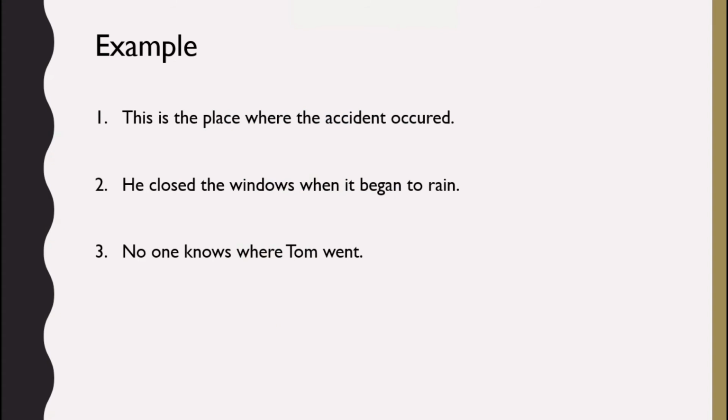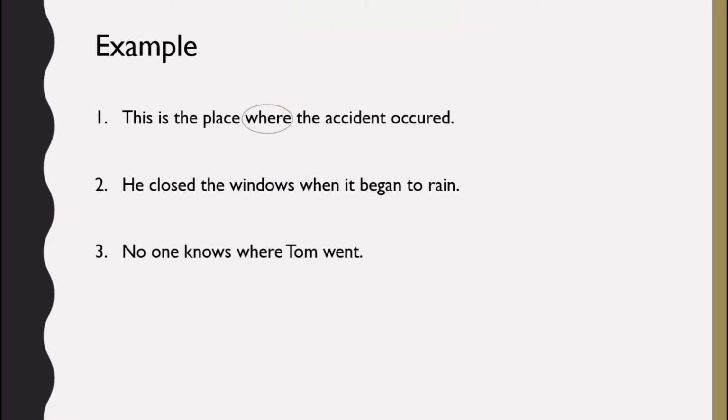Finally, let's practice how to identify these clauses with the following examples. For number 1, this is the place where the accident occurred. First, we have to find the trigger word. The trigger word here is where.